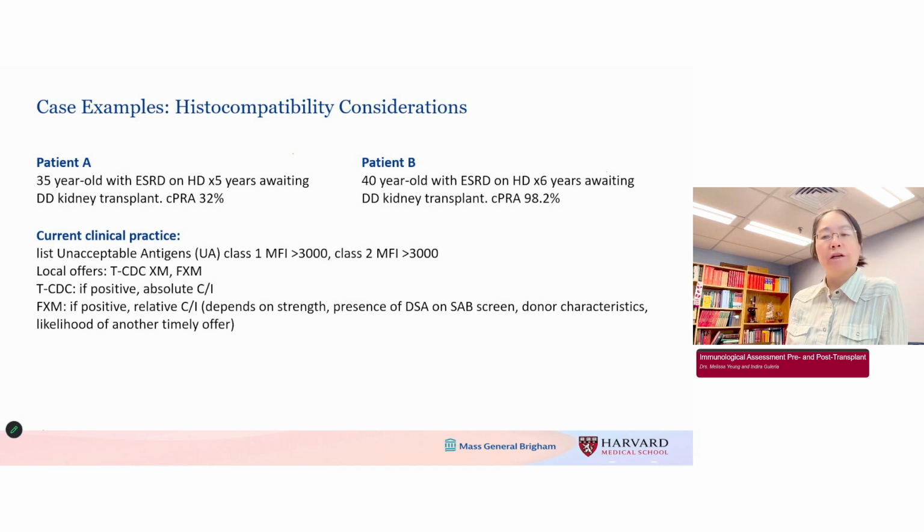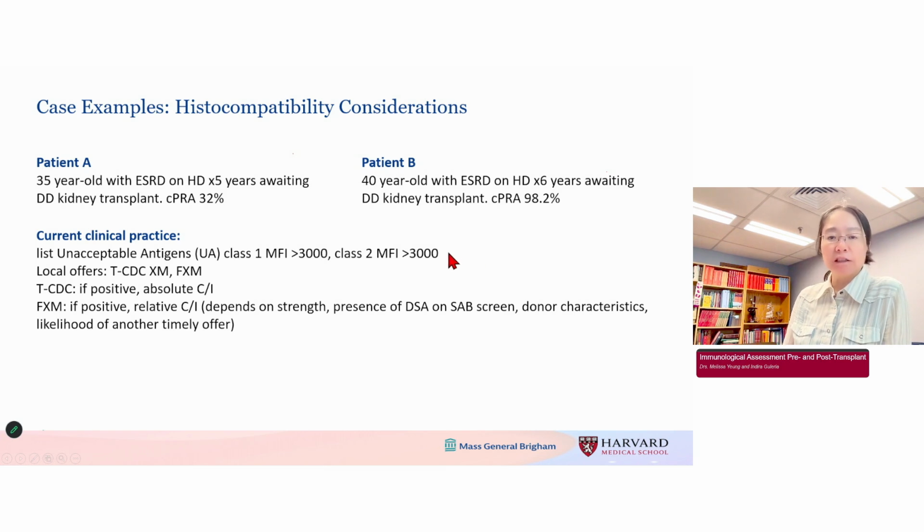For example, in a pediatric patient, you may not want to take any risk at all, and so you may lower that threshold to make sure that you're capturing any possible alloantibody that's there so that you're not crossing any preformed DSA. On the other hand, if we're talking about thoracic organ transplants that are life-saving, they have more of a tolerance to cross preformed DSA if the need for an urgent transplant is there.